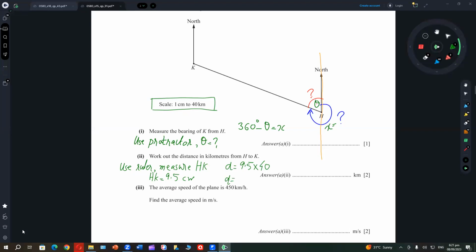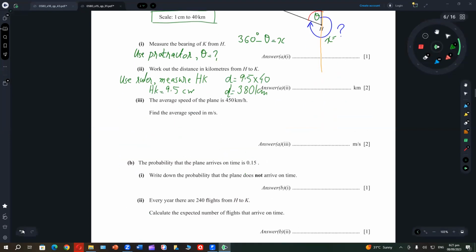Is that the answer? Yes. Okay. With these types of questions, whenever you compare the answers with the marking scheme, the answers always vary because of the print size, because these are actual drawings and we are printing directly from the source, so the size changes.